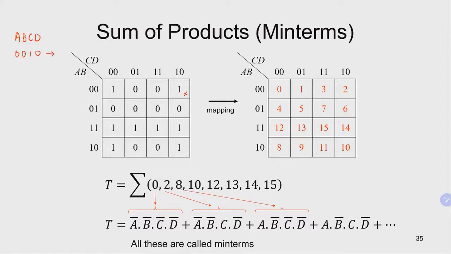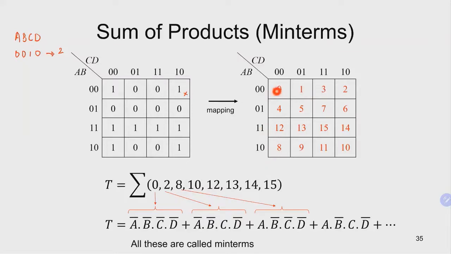And the equivalent of that in decimal will be the number 2. Okay, so what I have done here, I have listed down all the particular cells on the Karnaugh map with the equivalent binary number of A, B, C, D. And then I showed it down here.